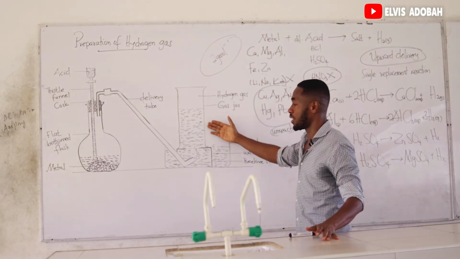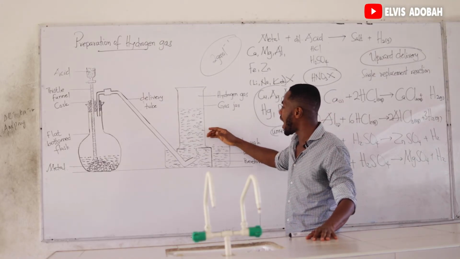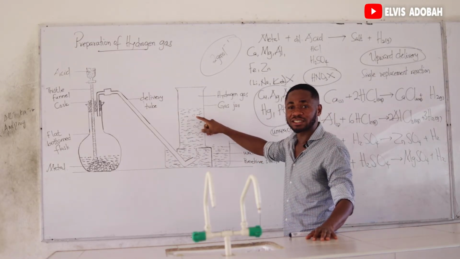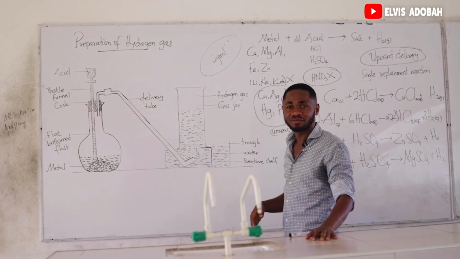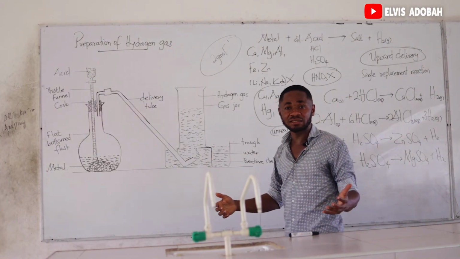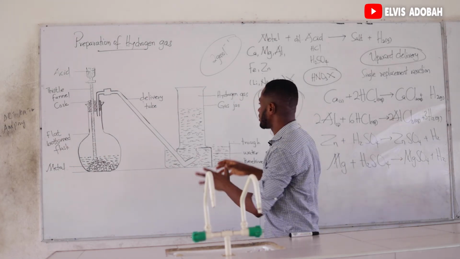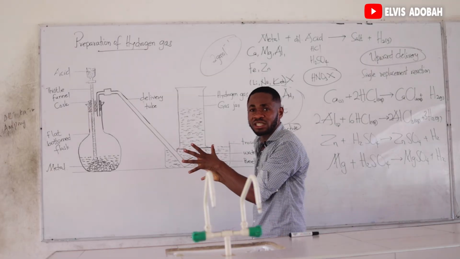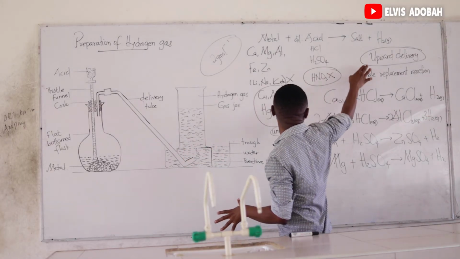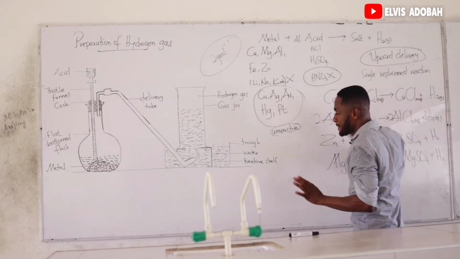That is the same thing occurring over here. And here we are comparing the hydrogen gas to the water. Comparing hydrogen gas to water, hydrogen gas is lighter than water. As such, in this preparation of hydrogen gas, hydrogen is collected by the upward delivery method.